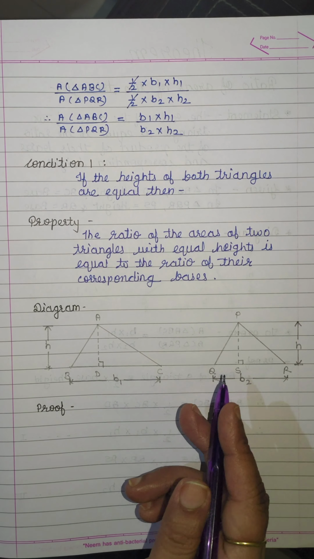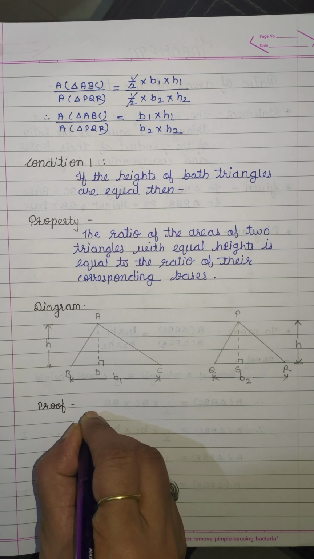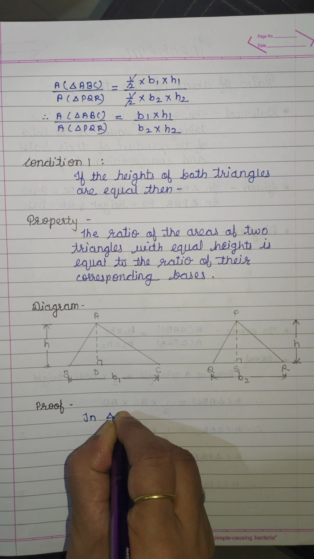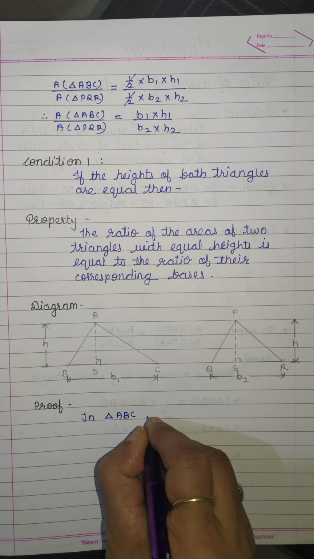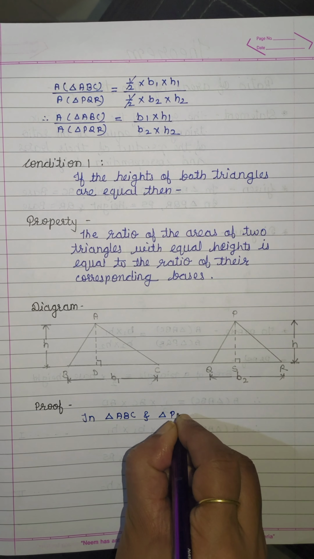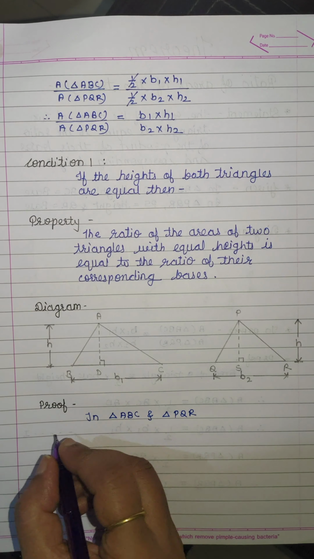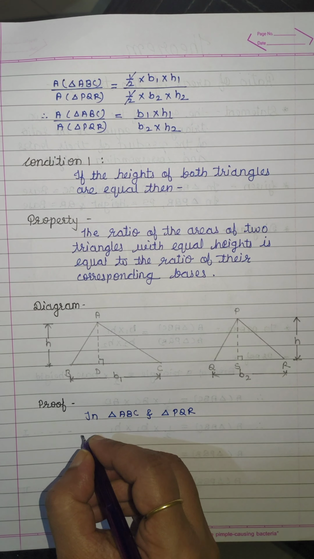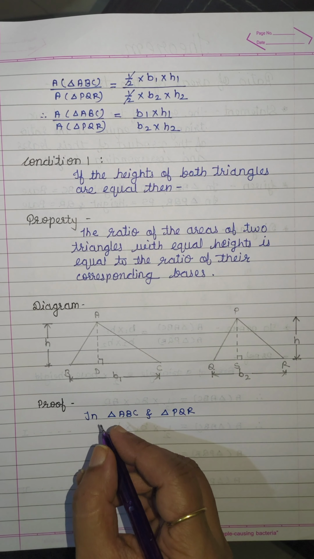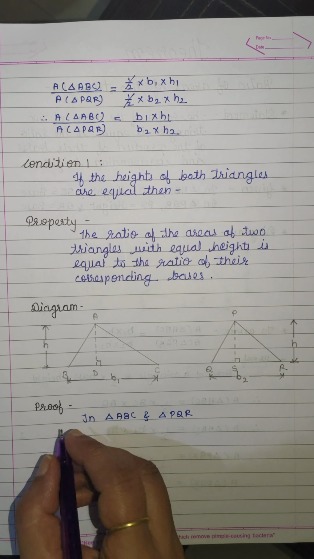Now let's see how to prove this. In triangle ABC and triangle PQR, we know that the ratio of the areas of two triangles is equal to the ratio of the product of their bases and heights.